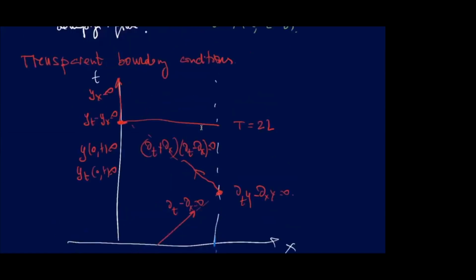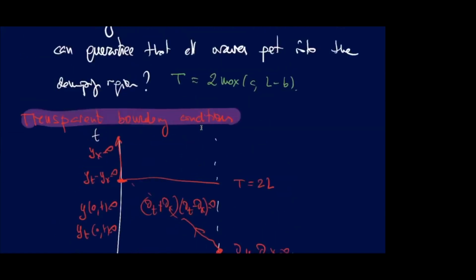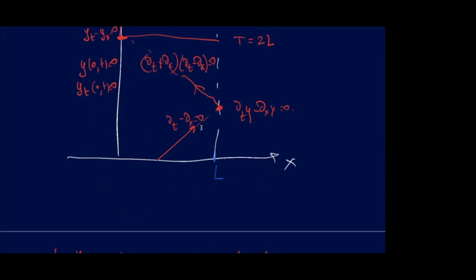Why do we call them transparent boundary conditions? Because these are the boundary conditions that guarantee that waves propagating to the right, thanks to the boundary condition here, go away. So every initial perturbation that travels to the right, when getting to this boundary condition, goes away. And this is why we call it a transparent boundary condition.